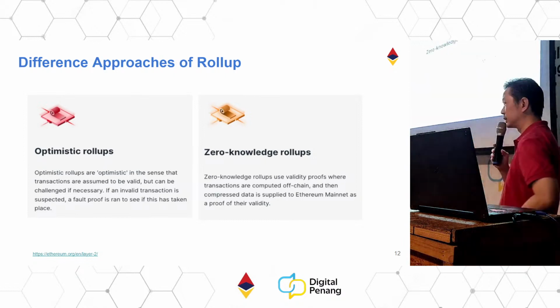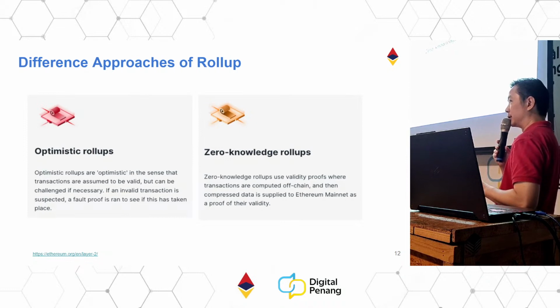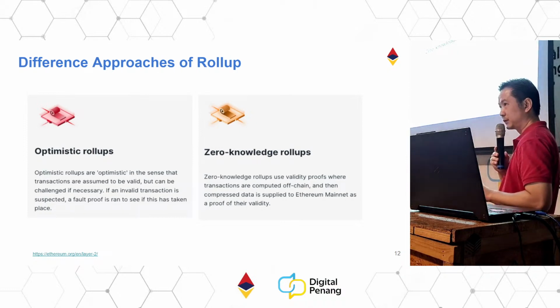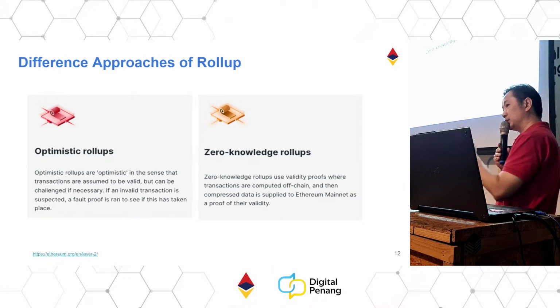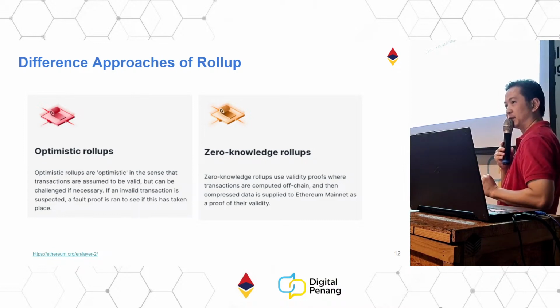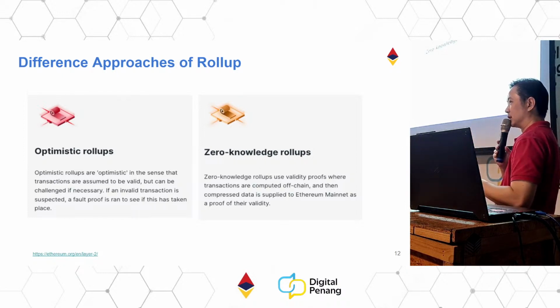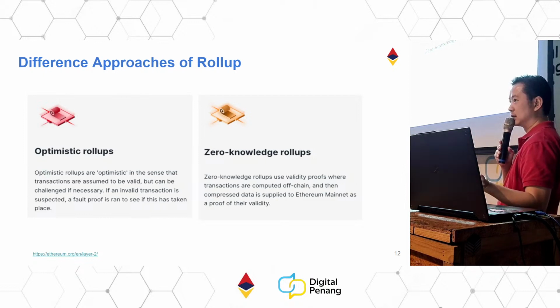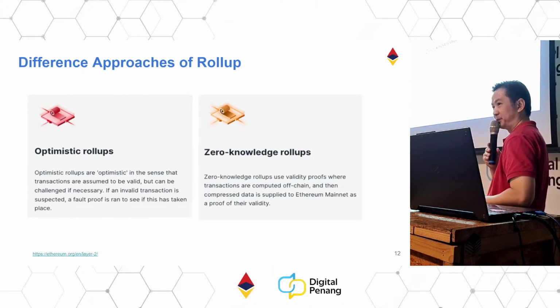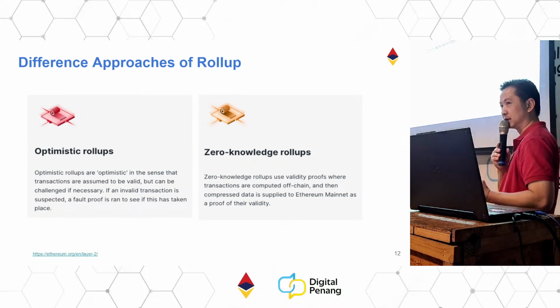So what is optimistic rollup? Optimistic rollup is a rollup that relies on fraud proof to prove to Ethereum layer 1 that a certain calculation is done. In fact, optimistic rollup does not actually send any proof to L1. It optimistically assumes whatever transactions are done by the L2 nodes are actually correct.